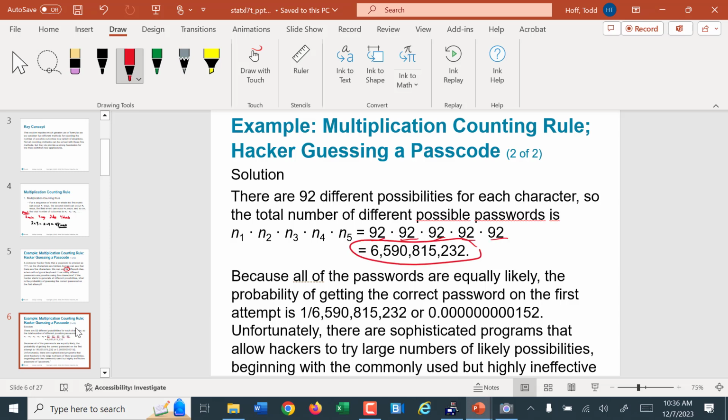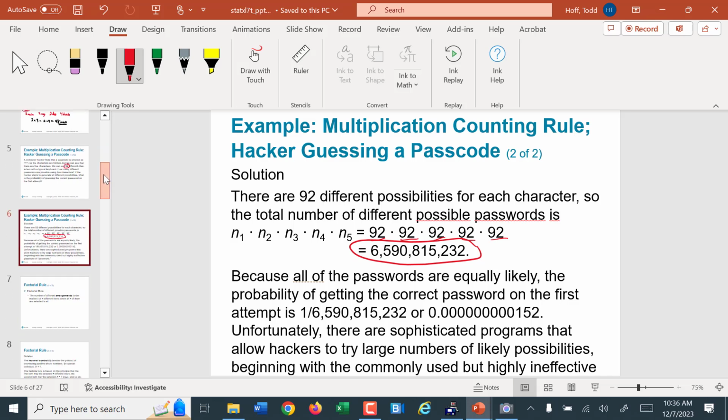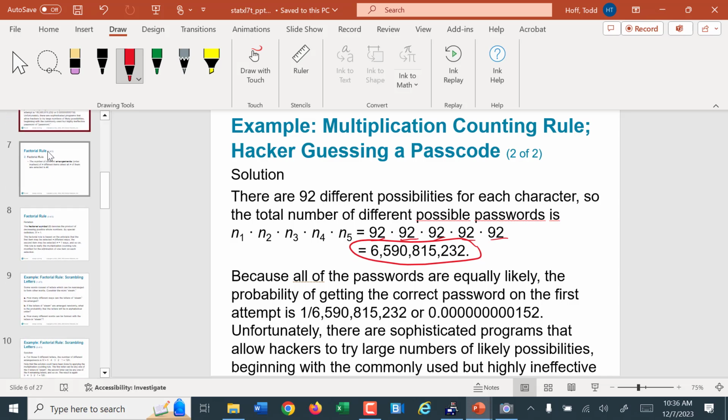Multiply those together, we get 6,590,815,232 possible passwords. That's a lot. Getting this correct on the first attempt is almost impossible. Getting it correct in the first thousand attempts is still less than 1 in a million.